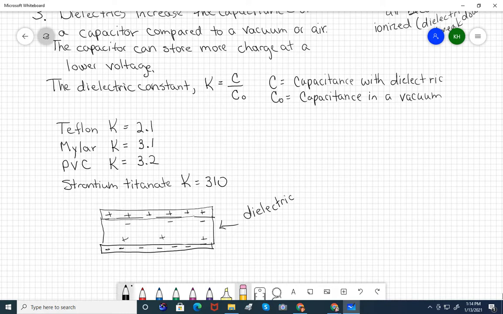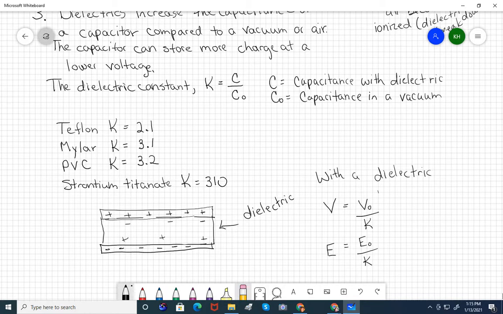In particular, the voltage with the dielectric will be smaller by a factor of K. The energy stored will also reduce, so it is smaller by a factor of K. Not the energy, I said the wrong word, the electric field.